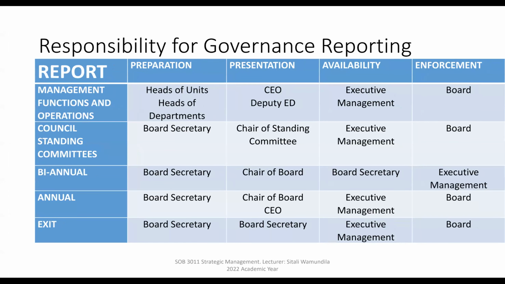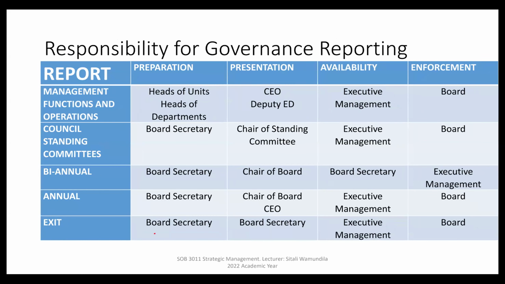Let me show you the responsibility for governance reporting. Number one, you have management functions and operations. Who prepares this one? It is actually the heads of units or heads of departments. The heads of the departments will prepare this report called management functions and operations.